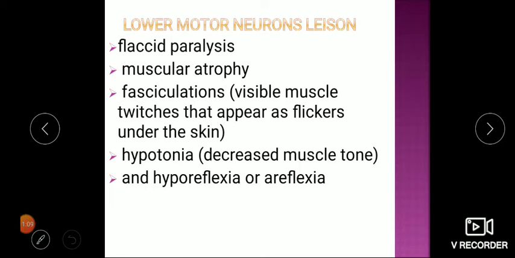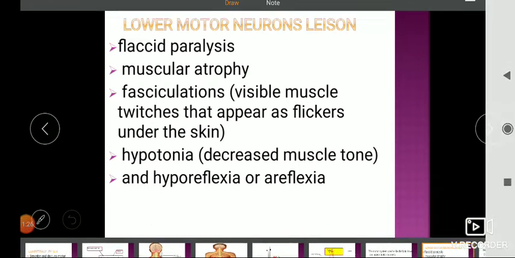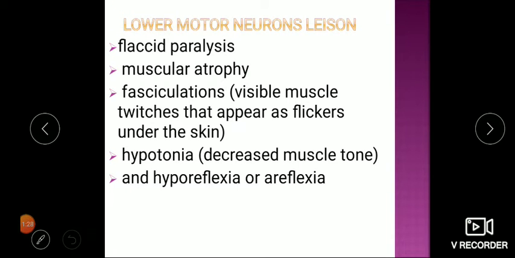As lower motor neurons directly supply the muscle, if they are lost or the nerve is cut, the muscle will ultimately undergo atrophy, because even if the higher centres are normal, they are not going to have any action on the muscle. So this is the effect of a lower motor neuron lesion.